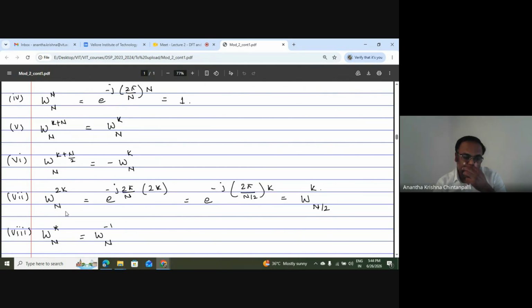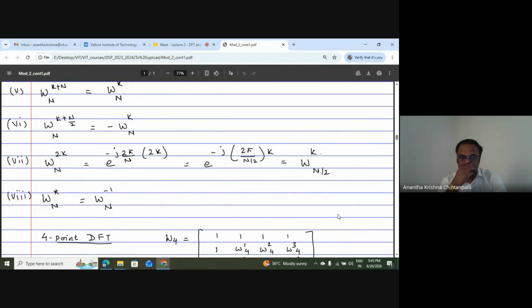So it means that an n point DFT, you are breaking down into an n by 2 point DFT. This is a hallmark of the fast Fourier transform algorithm. Based on this, we do the decimation in time and decimation in frequency concept. And then the conjugate, as I have discussed before, is nothing but W to the minus 1.